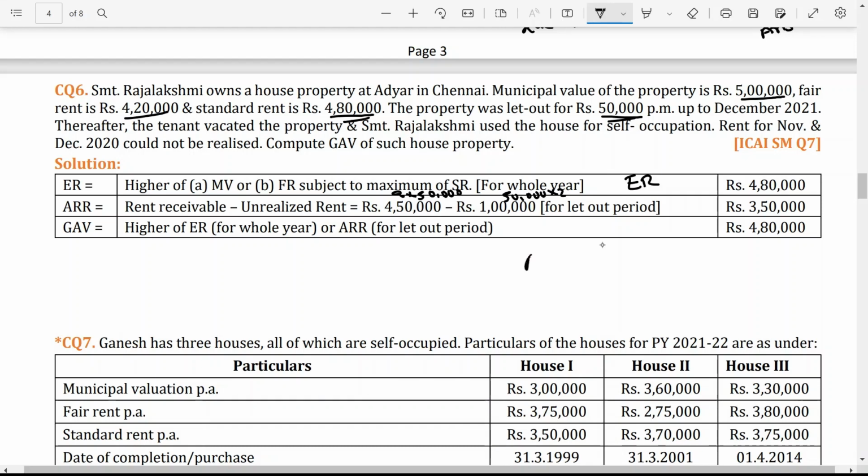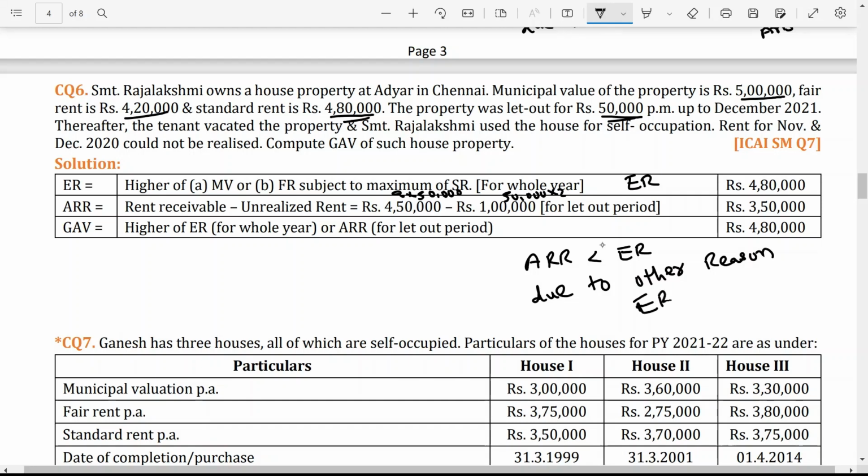Now here your ARR is less than ER due to other reason, not because of vacancy, because the house doesn't remain vacant, it is self-occupied by Srimati Rajalakshmi. So that is why ARR is less than ER due to other reason. In that case, what is your answer?